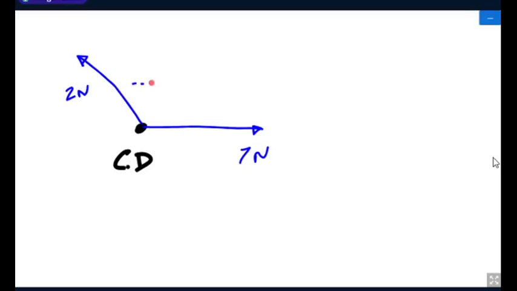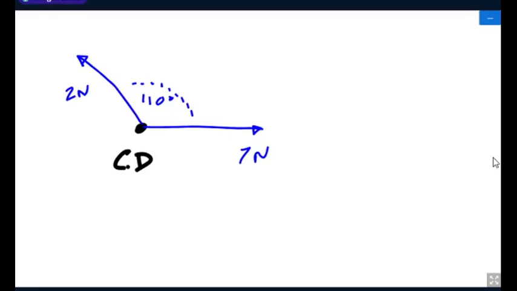The angle in there, let's say it's 110. We need to work out which way he's going to go. We're going to draw that.